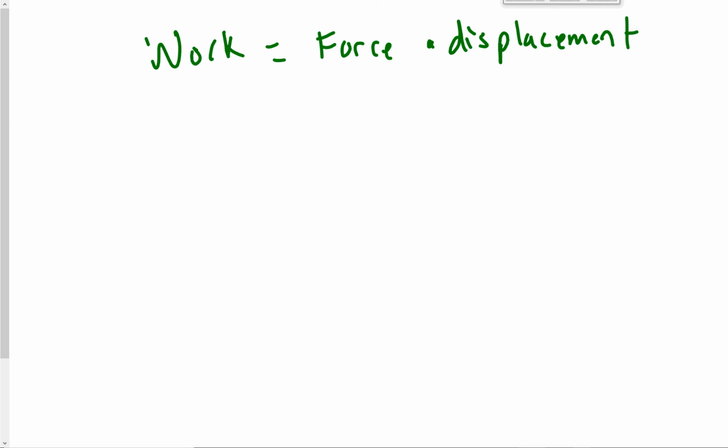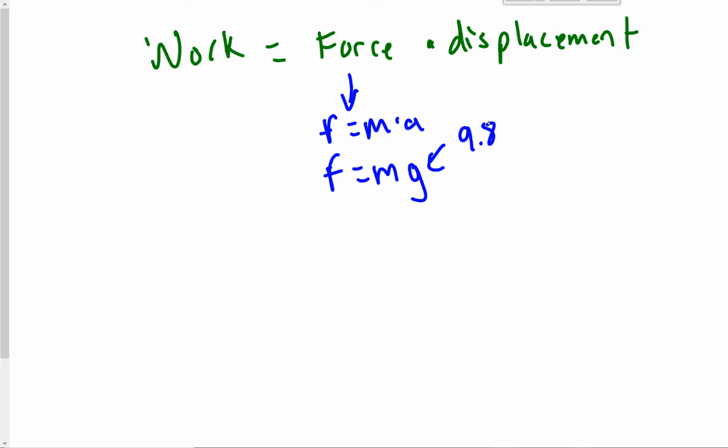Okay, so work is force times displacement, right? And when we're looking at force, we can find that force is equal to mass times acceleration. In the book, when we talk about acceleration due to gravity, this g is 9.8, and that means it stays constant, so it doesn't change. So work is pretty easy here when we're finding these equations.